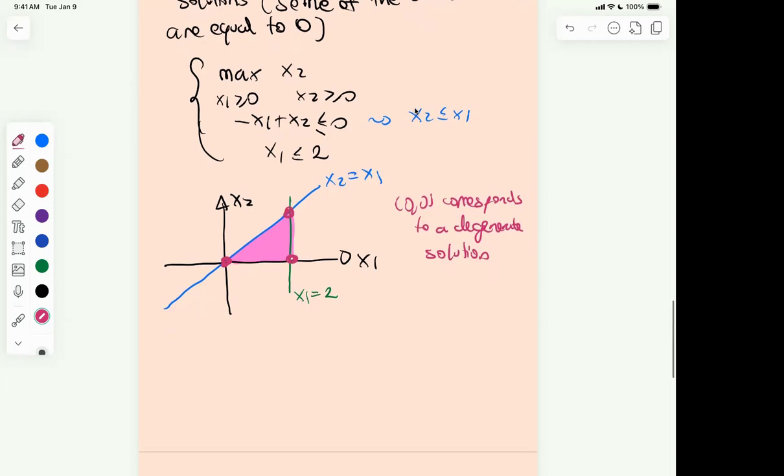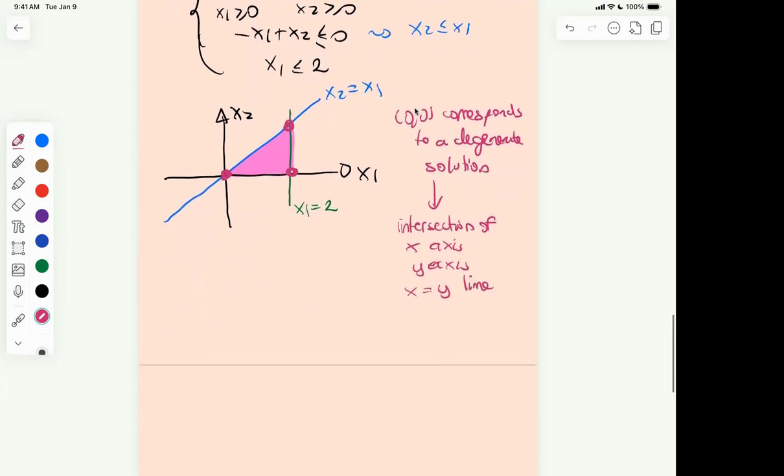So how does the degeneracy look, and I'll say this here because it's the intersection of 3 lines, how does the degenerate situation look from the matrix perspective?